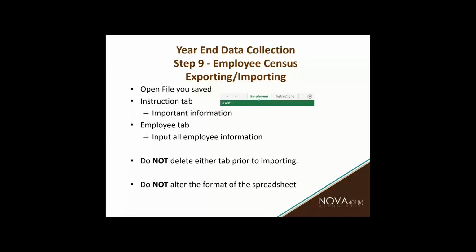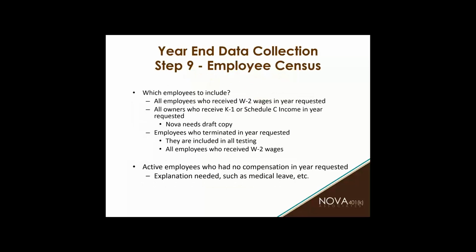Okay, the only thing that can be done to ensure that it imports back into the system is to add the employee information onto the employees worksheet. So don't change the headers, don't move columns around, don't delete either of these worksheets when you're done, don't move them around. Just simply open up the employees worksheet and start providing your employee data on there.